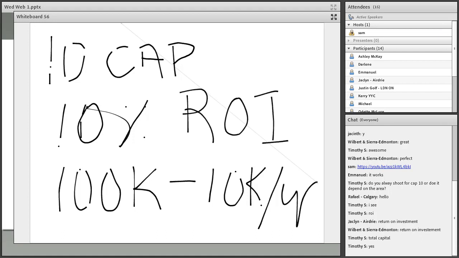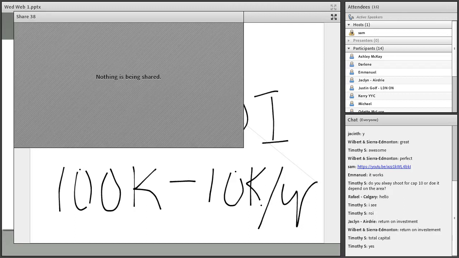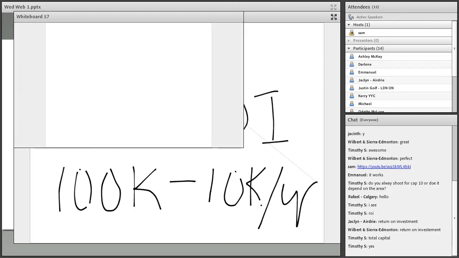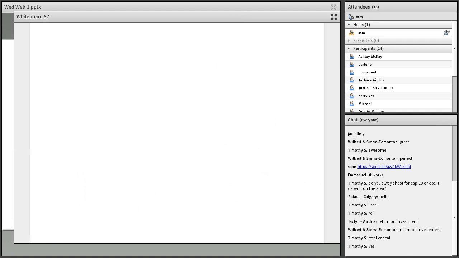So let's do this. Let's go. Share. I'll just bring up another window. That's different than what we call. Try that color. Okay.